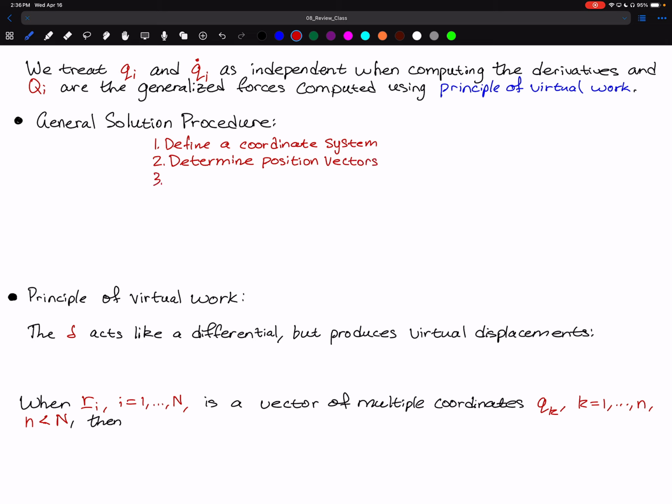And third, we're going to compute our velocity vectors. We won't need acceleration vectors in this case. And again, these first three steps belong to kinematics.